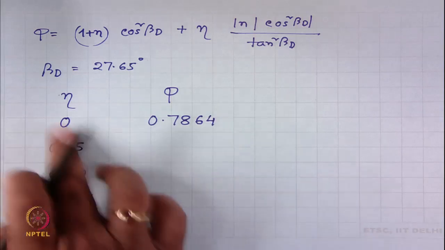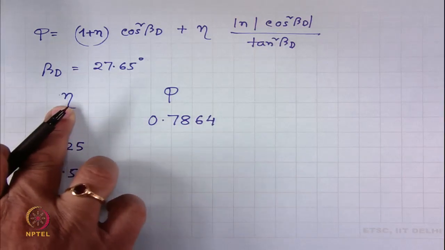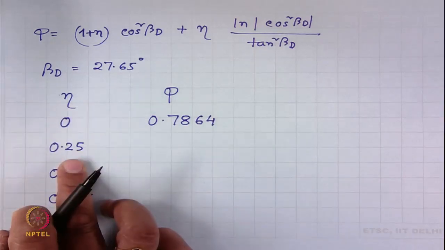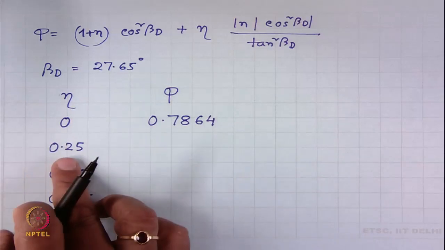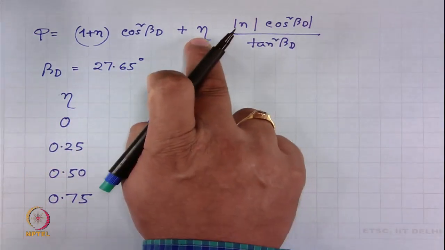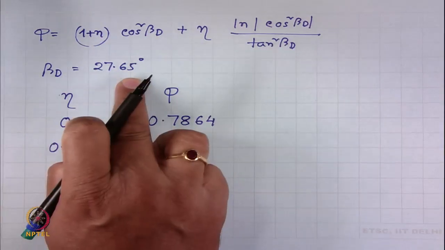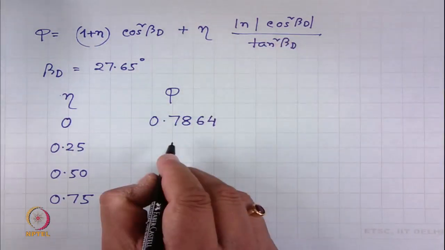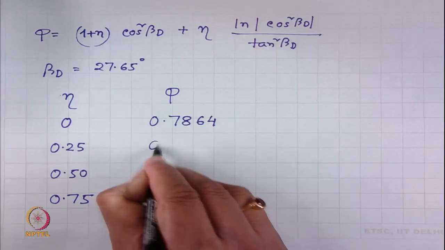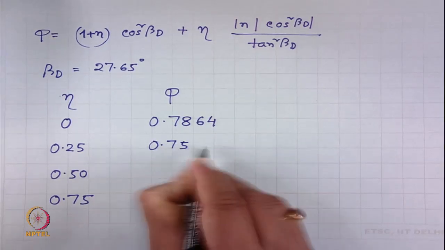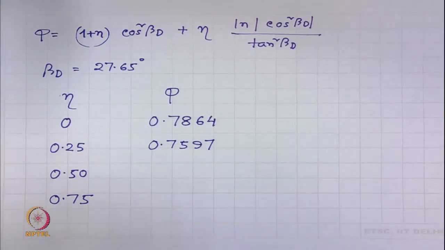When contraction ratio is 0.25, eta is equal to 0.25. You substitute 0.25 here, 0.25 here and beta d 27.65 degree, you calculate, and this value will be approximately equal to 0.7597.